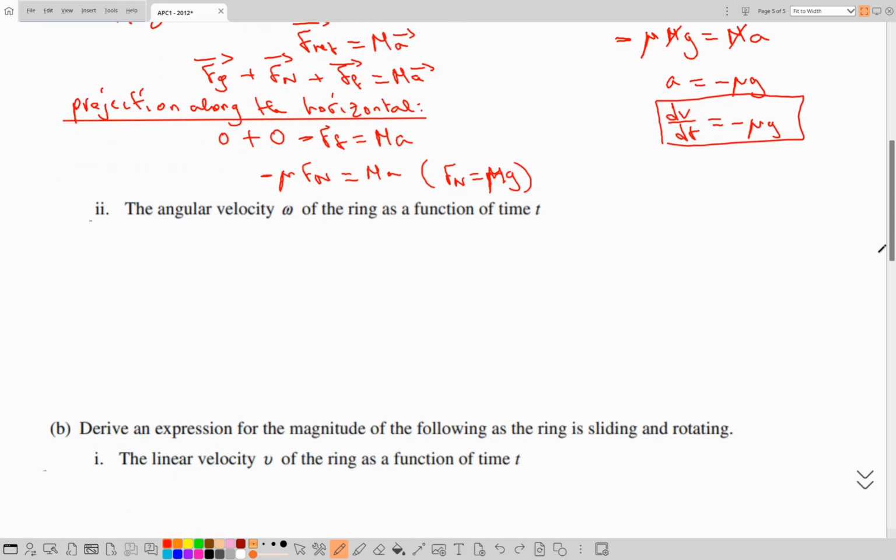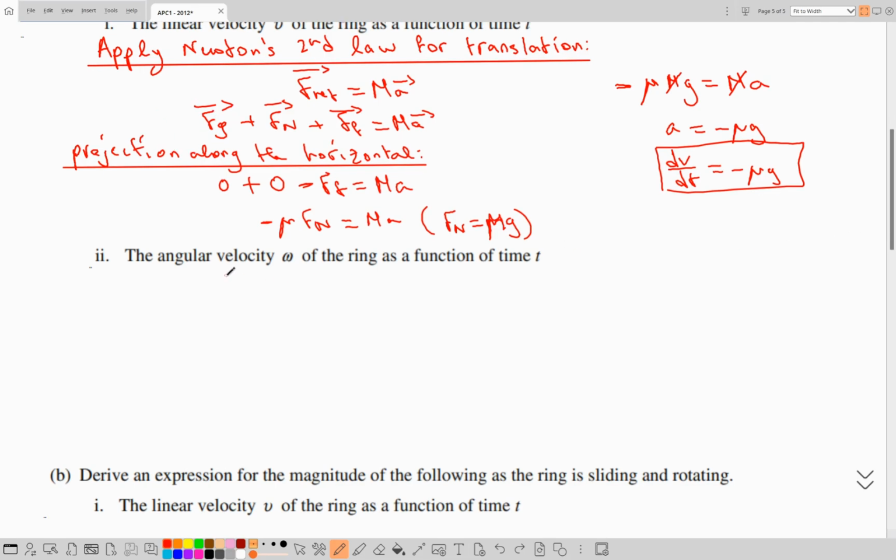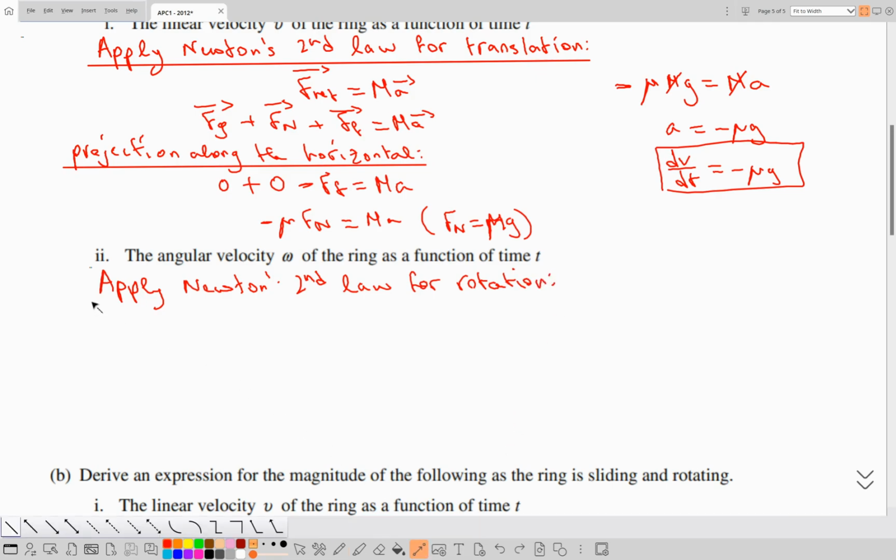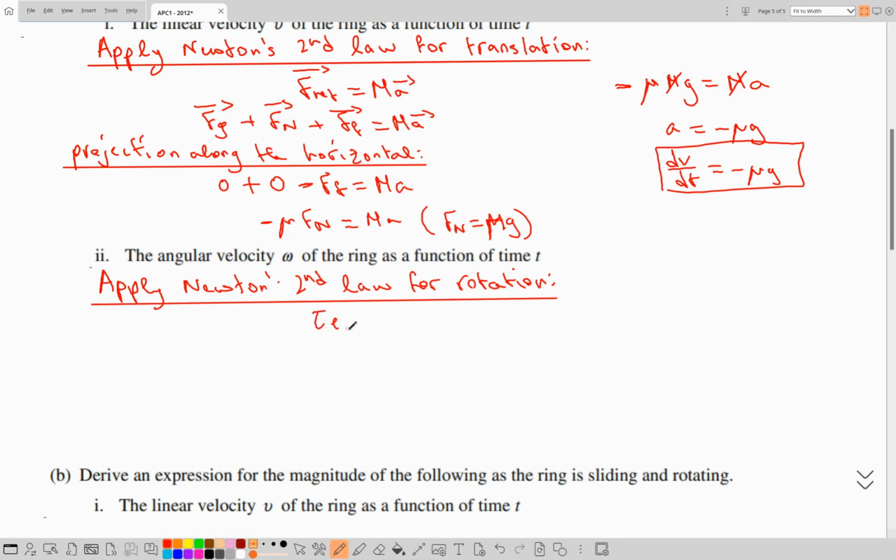Alright, now in idea number 2 we need to repeat the same thing, but now for rotation. So let me say apply Newton's second law for rotation, and it's given by sum of tau equals I alpha.